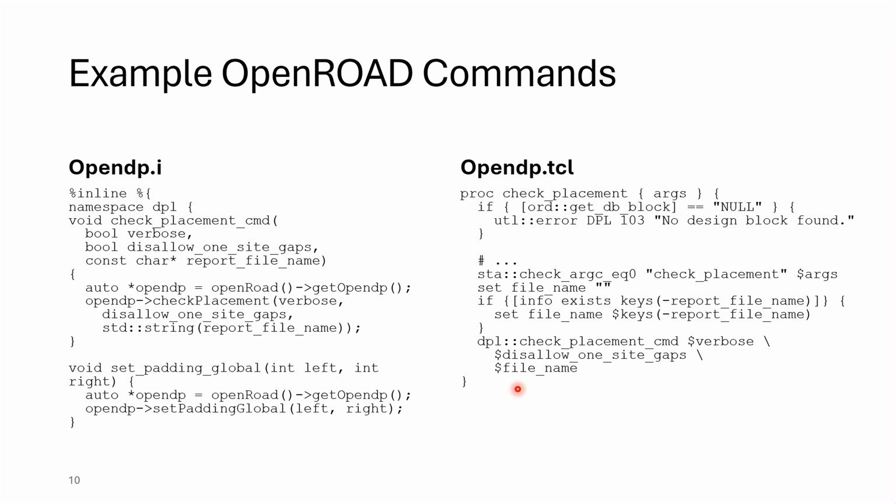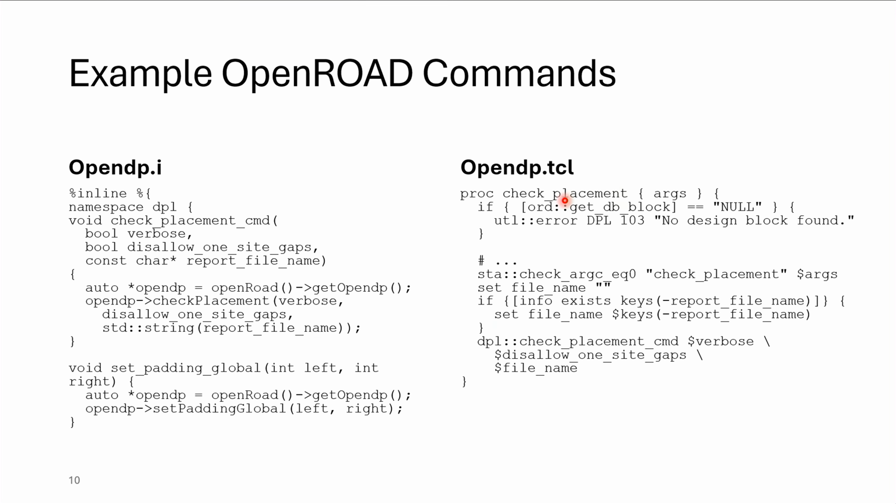One more thing to note is that the reason why things are hidden from the global namespace, and why we have this check placement command which wraps this other command, is that even though technically you can access this check placement command, it's not designed to be the top level user interface.